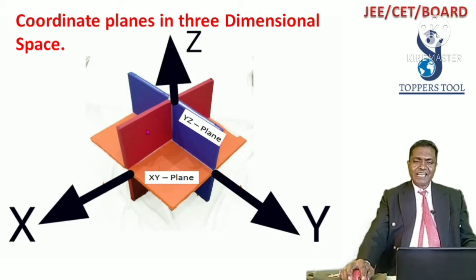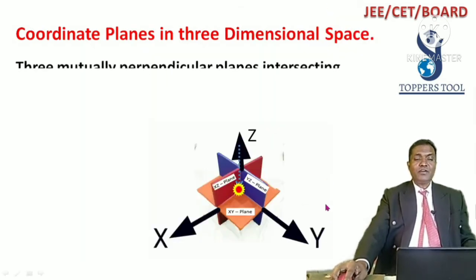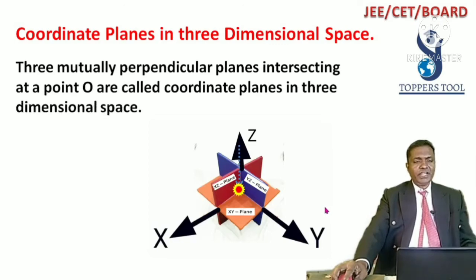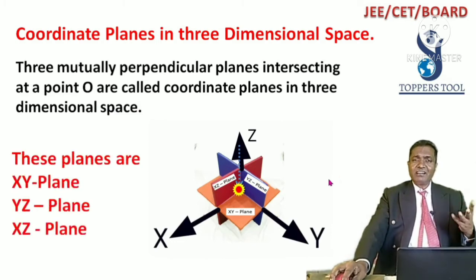Similarly, this plane is called the xz plane. So you have to remember what we mean by coordinate planes. Three mutually perpendicular planes intersecting at point O are called coordinate planes in 3-dimensional space, and they are denoted by xy plane, yz plane and xz plane respectively.